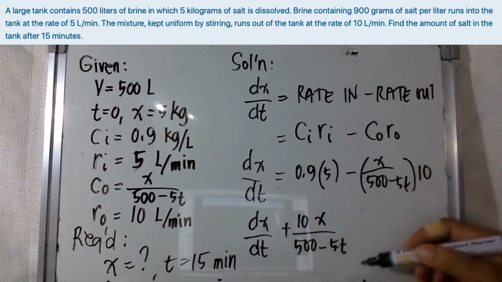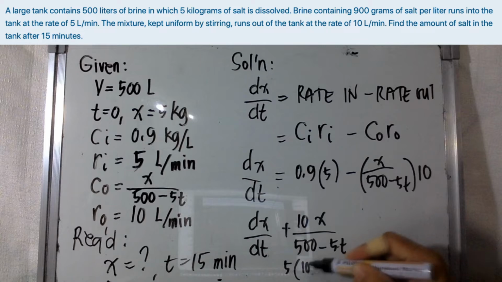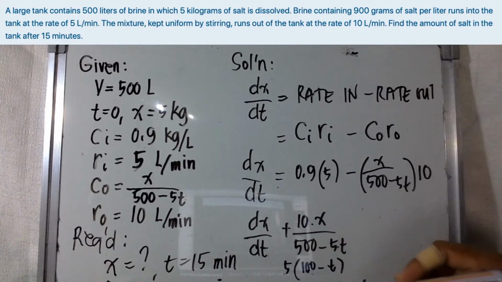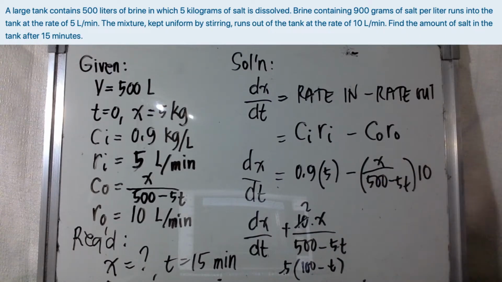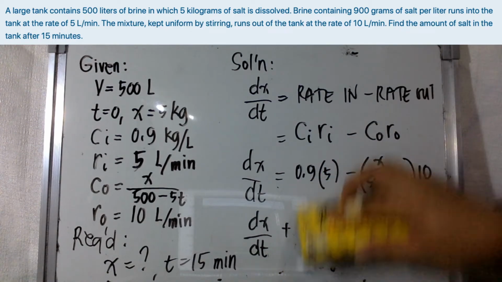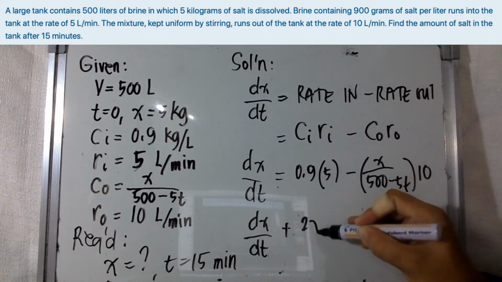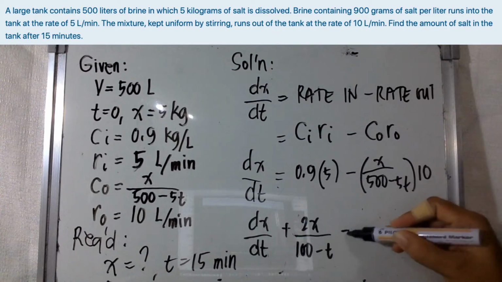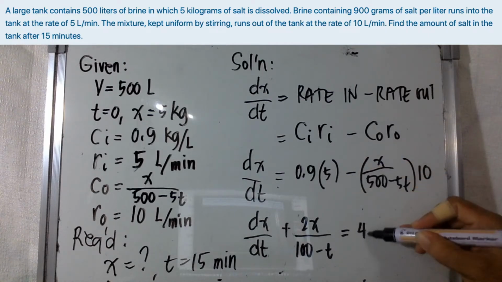Actually, we can simplify this one. If we factor out 5, the denominator becomes 100 minus t. So 10 divided by 5 is 2. So that's 2x over 100 minus t, equal to 0.9 times 5, which is 4.5.